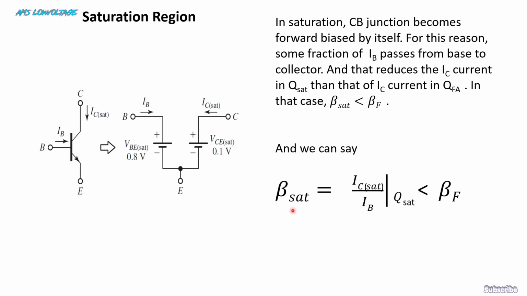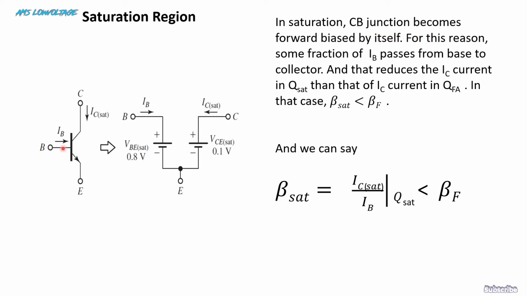In saturation, what is happening? In saturation, the beta value is less than the beta value of forward active region. Why? In saturation, the collector junction becomes forward biased.